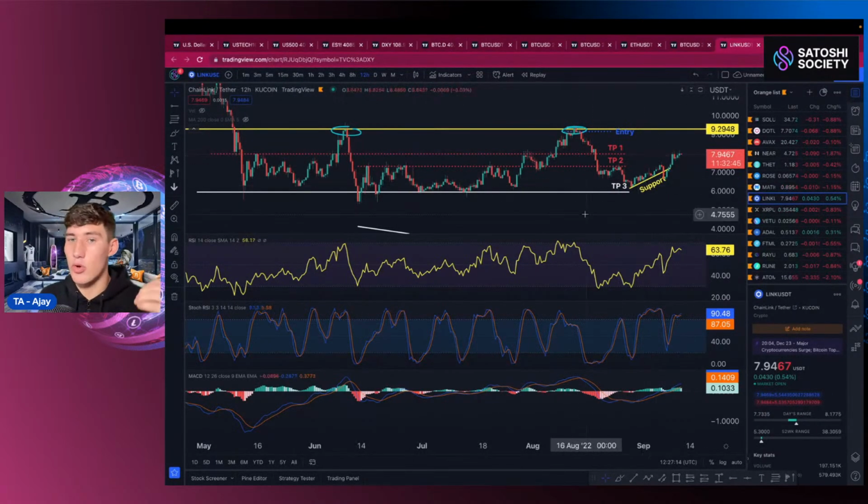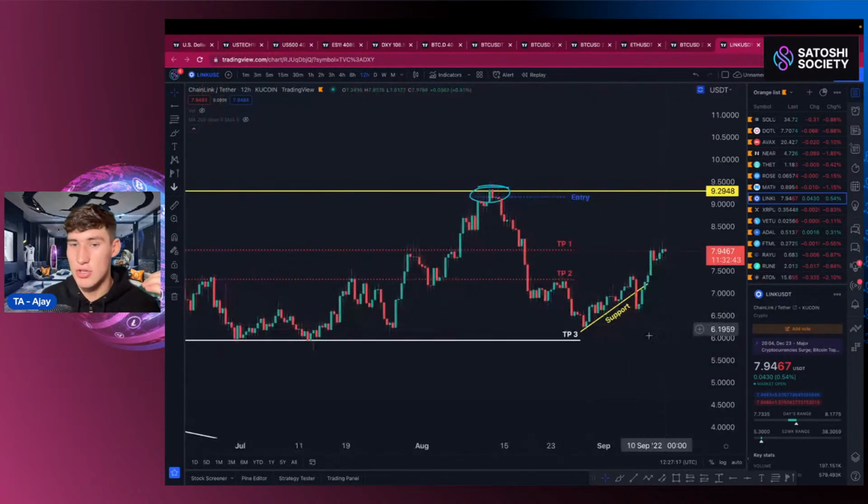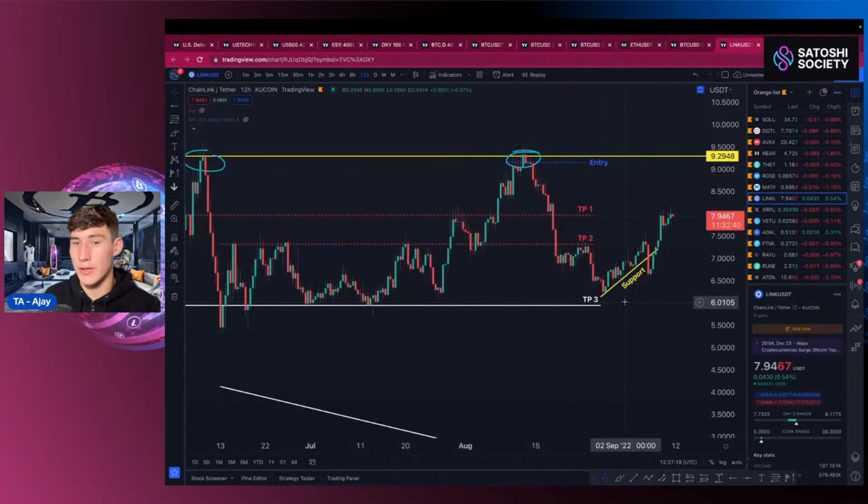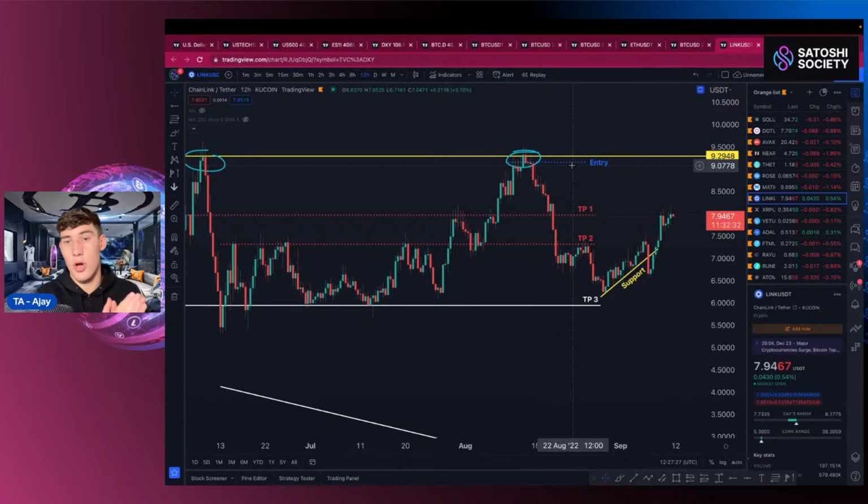And that's exactly what we are seeing right now. As you can see, this trade played out almost perfectly, came very close to that TP3. Unfortunately, it didn't quite get there, but if you did follow this trade, you know that I took a 110% profit on this trade. So this is exactly what I'm looking at for this Bitcoin trade as well.